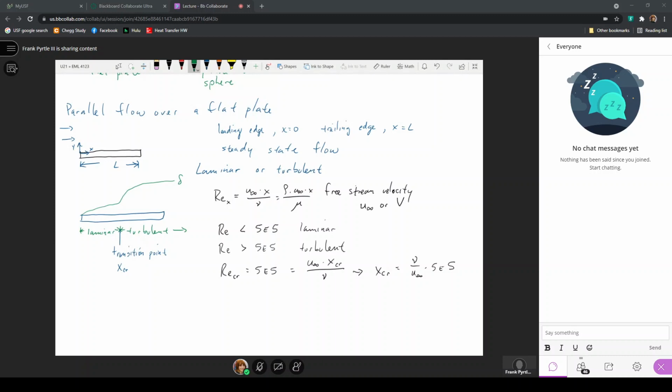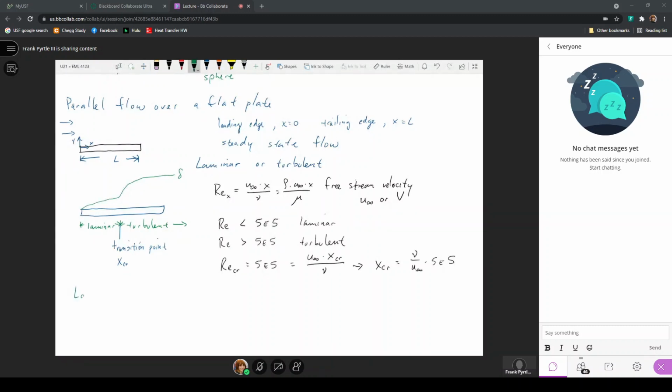In the laminar section, we can define the thickness of this boundary layer measured from y equals 0, which is on the surface of the plate, upward into the free stream, so that for the laminar condition, the boundary layer thickness delta is defined as 4.91 times the x position divided by the Reynolds number raised to the 1/2 power.